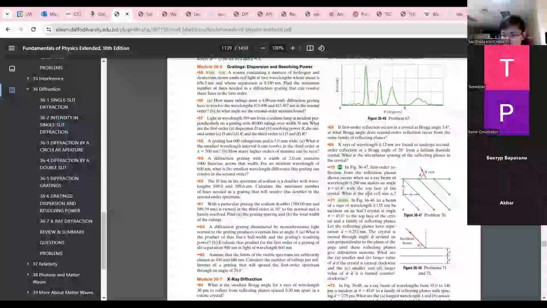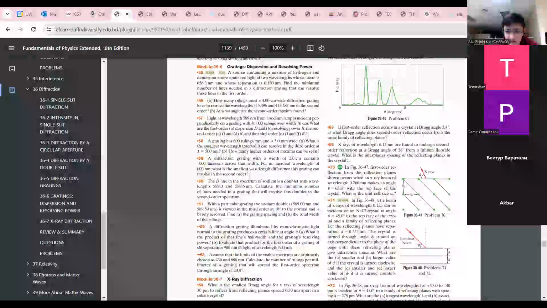Because in X-ray diffraction you don't only see one peak, you get many peaks. So let's say you are doing X-ray diffraction of a crystalline structure like this.